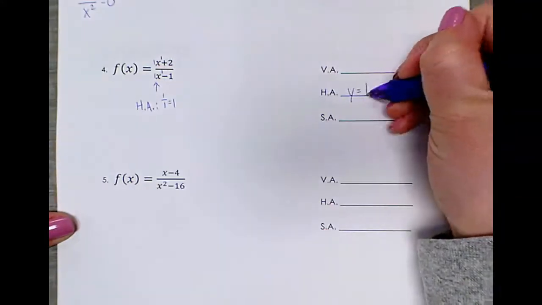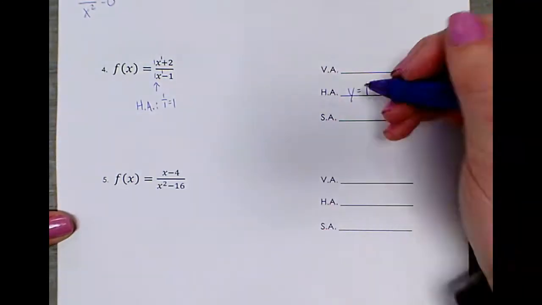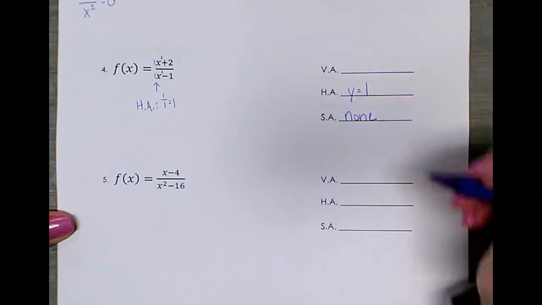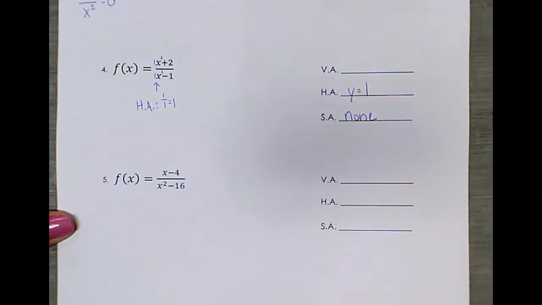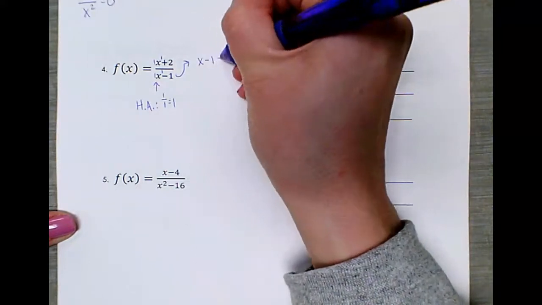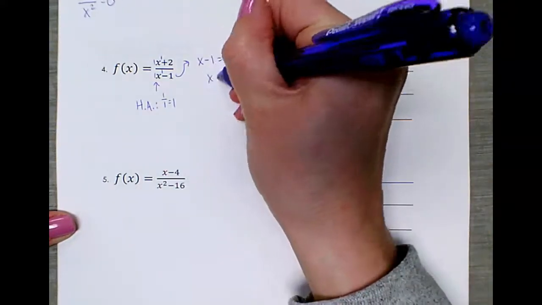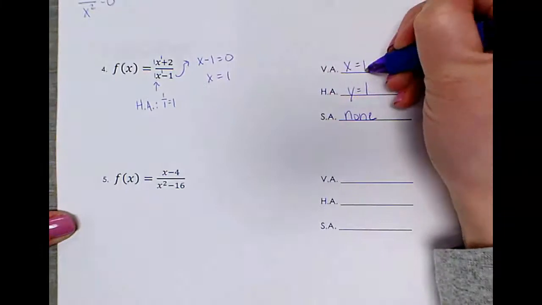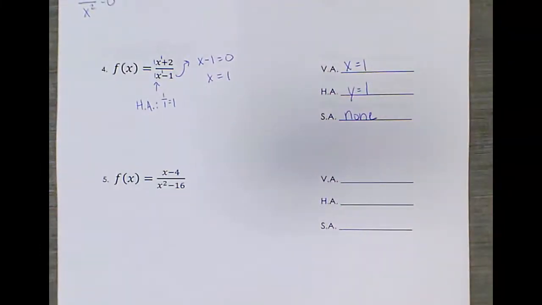So y equals 1 is my horizontal asymptote. Therefore, there is no slant asymptote. The vertical asymptote I get by setting x minus 1 equal to 0. So x equals positive 1 for the vertical asymptote. Okay, let's go on to number 5.